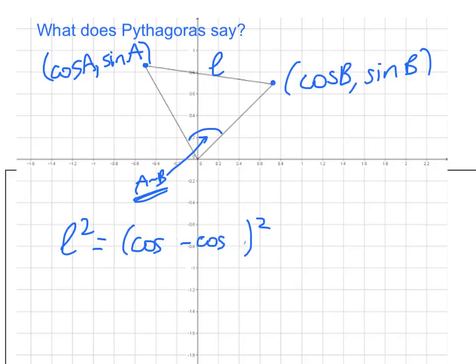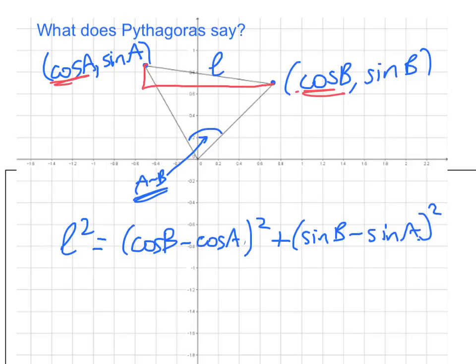So it's cos B minus cos A. So I'm working from this point back to that one. So that's my horizontal change there, and now I'm going to do my vertical change here. So it's going to be plus sine B minus sine A, squared. Okay, and that's giving me A squared plus B squared equals C squared.